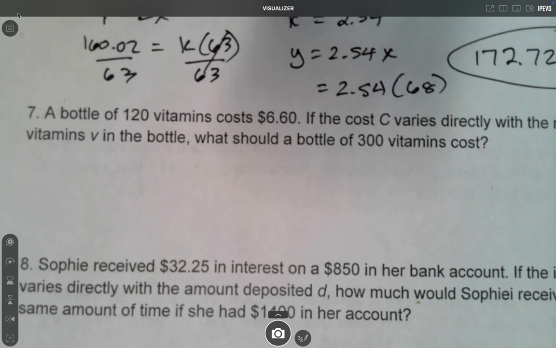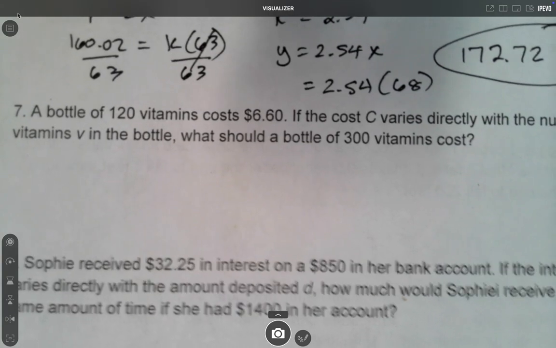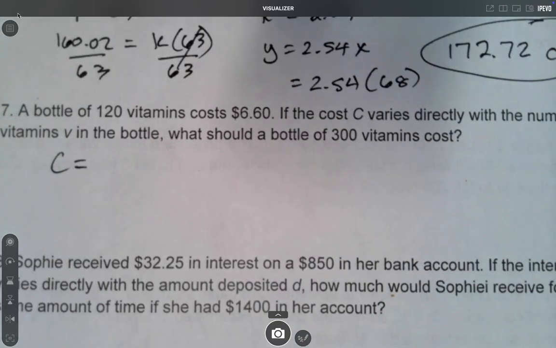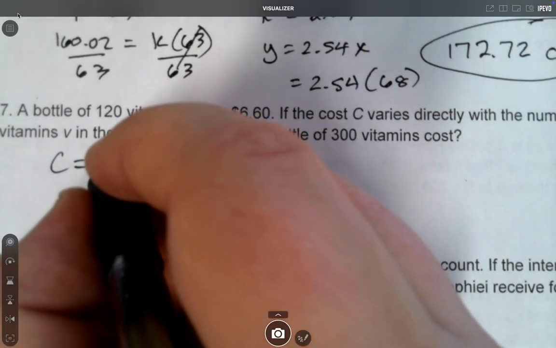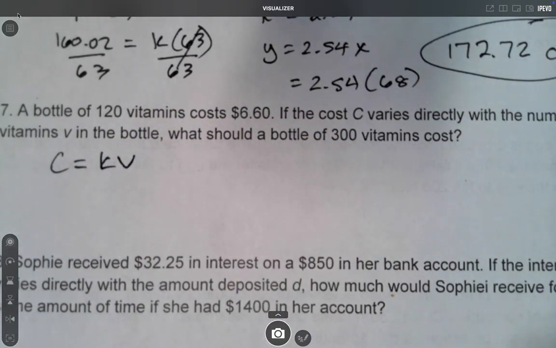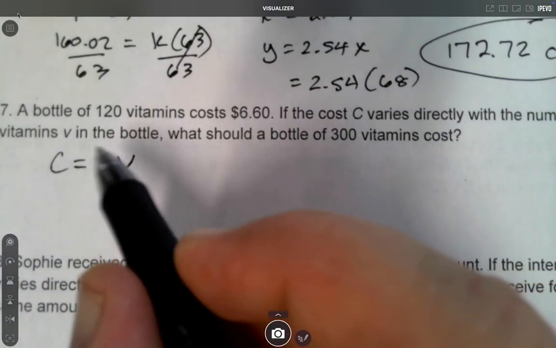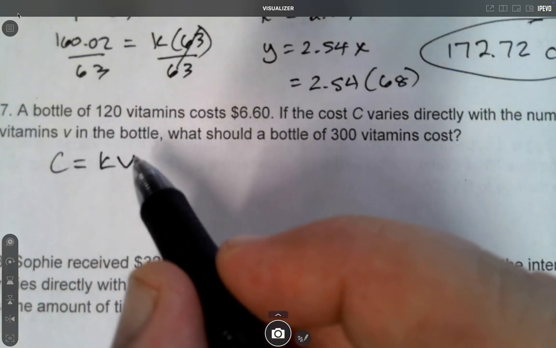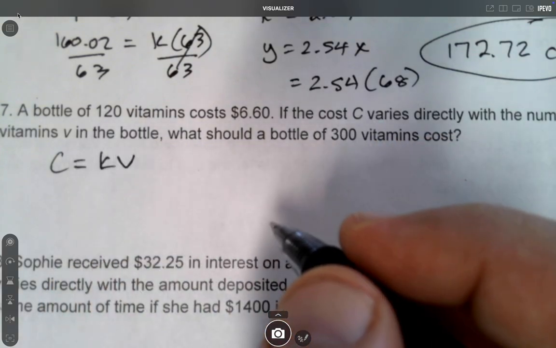Okay, a bottle of 120 vitamins costs $6.60. If the cost C varies directly with the number of vitamins V in the bottle, what should a bottle of 300 vitamins cost? So I used the variables they gave me and do them in order. This one goes where the y is because it came first. This one goes where the x is because it came second.